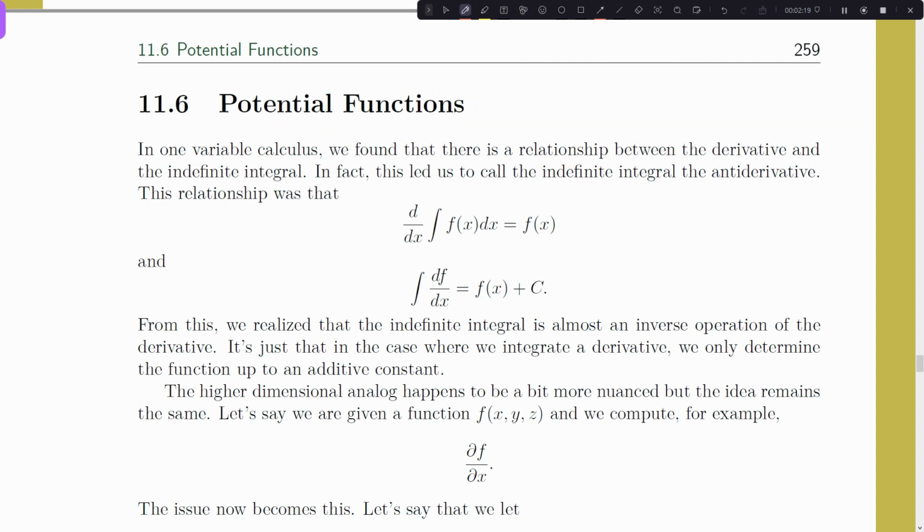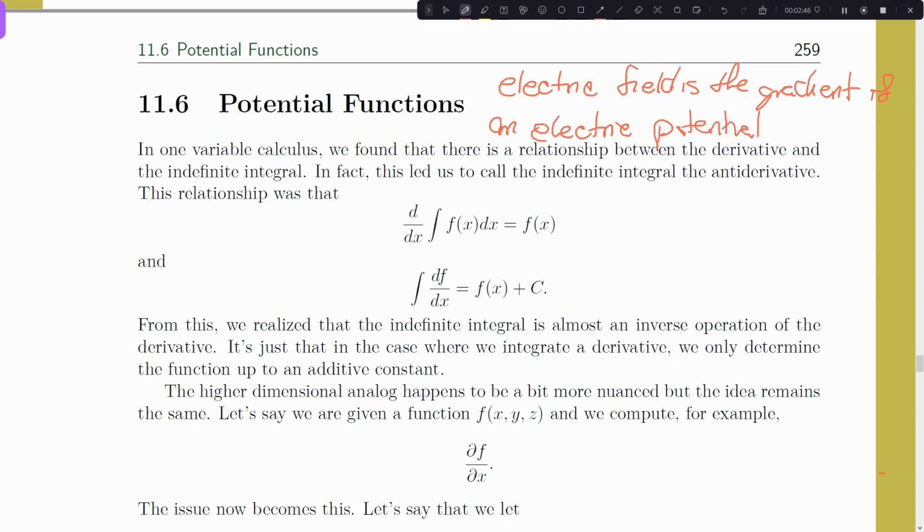So, jumping back to our idea with electric potentials, the electric field is the gradient of an electric potential. Okay, magnetic field, gradient of magnetic potential, etc. So we have this one-to-one relationship between fields and gradients, and then recall that the gradient was a derivative, but it's a vector derivative.